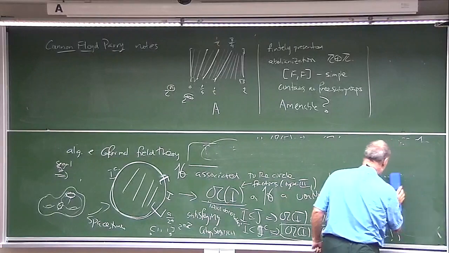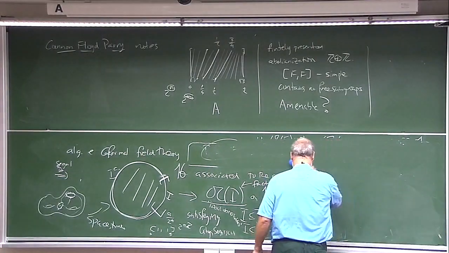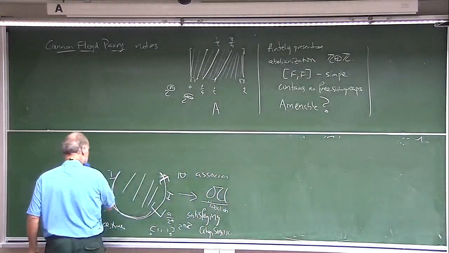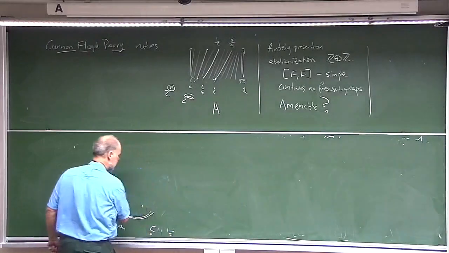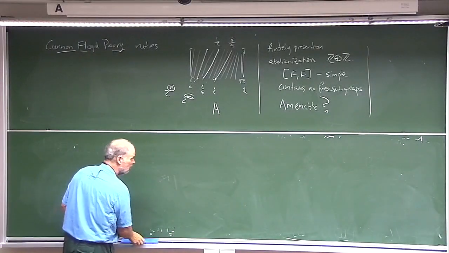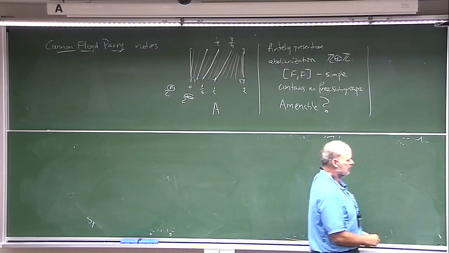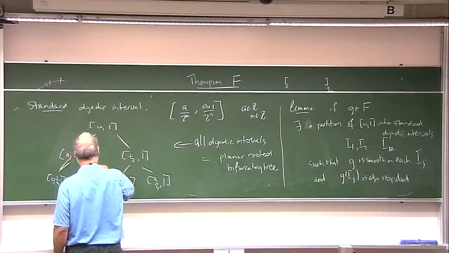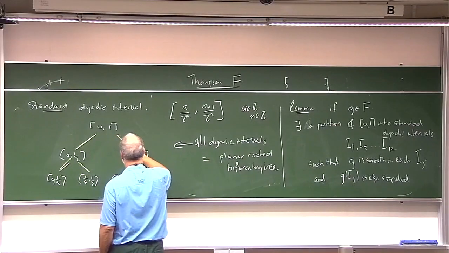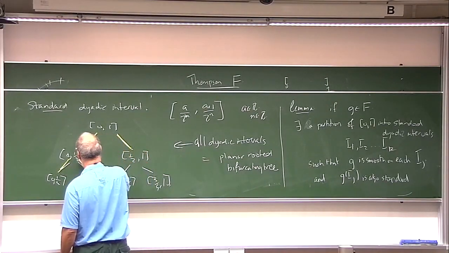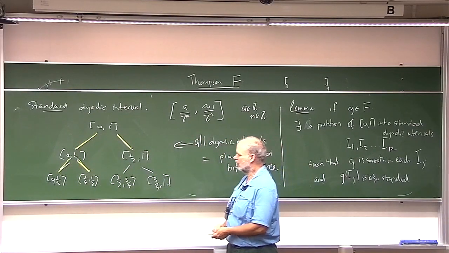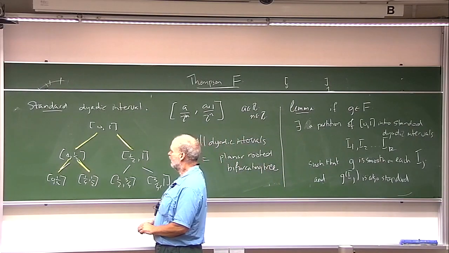But this has a very interesting consequence in terms of representing elements of the Thompson group, because what is a partition of the interval into standard dyadic intervals? Well, it's simply a choice of a subtree of this tree. So first, I took this subtree here, the full subtree of this big tree.